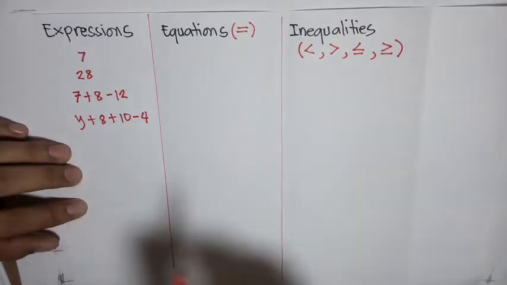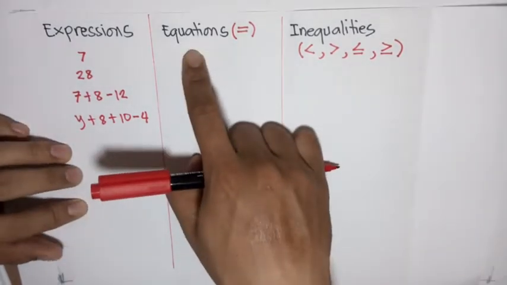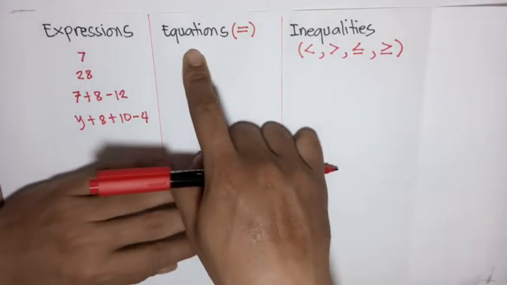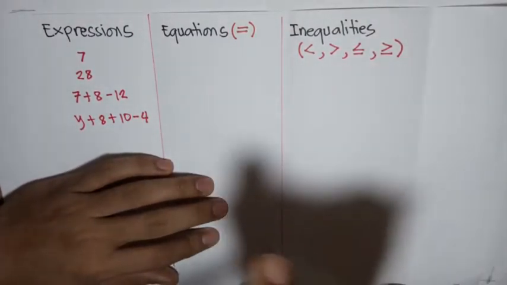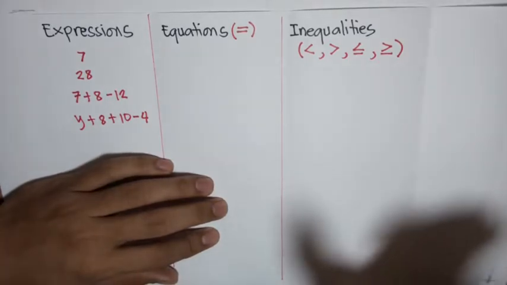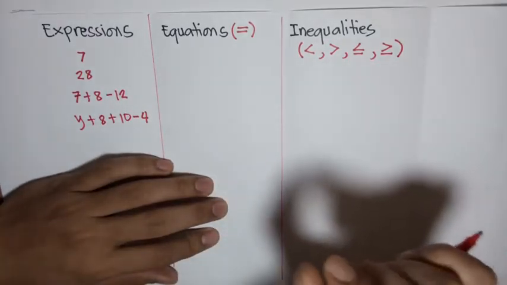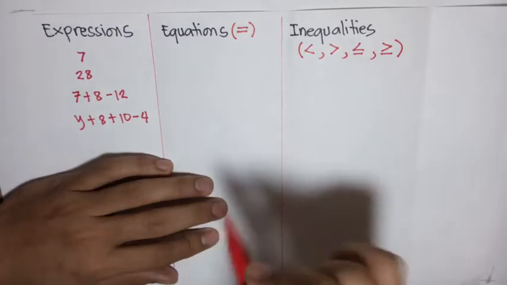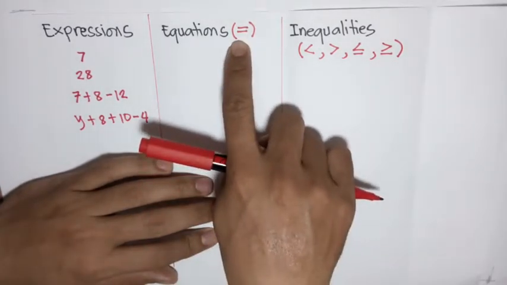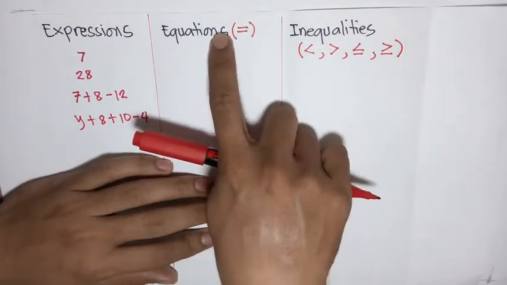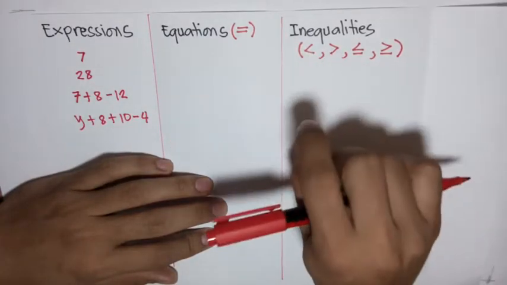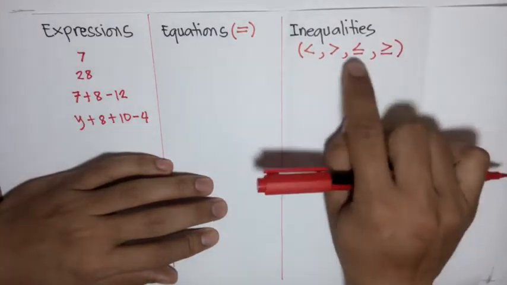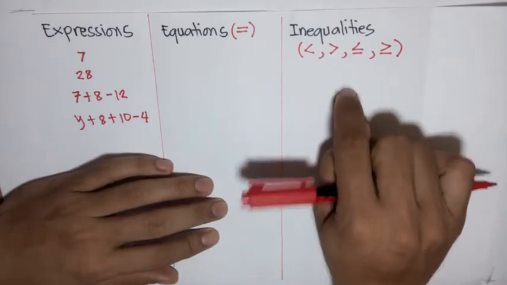Now, when we talk about equations and inequalities, we are comparing two numbers or two variables. In equations, you are saying that both sides are equal. Unlike in inequalities, where one is bigger and the other one is smaller. That is not equal.